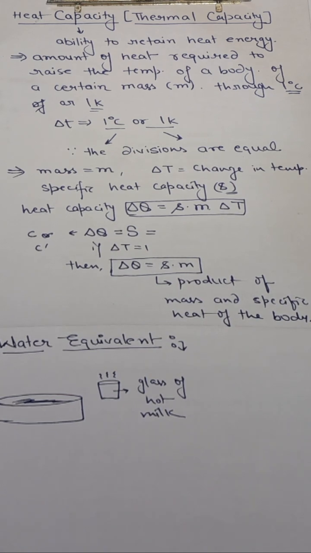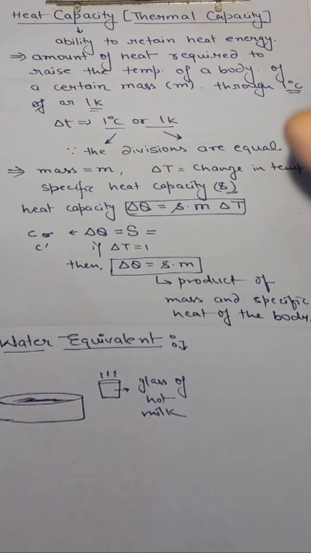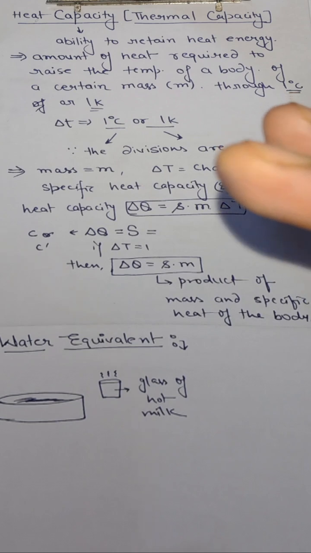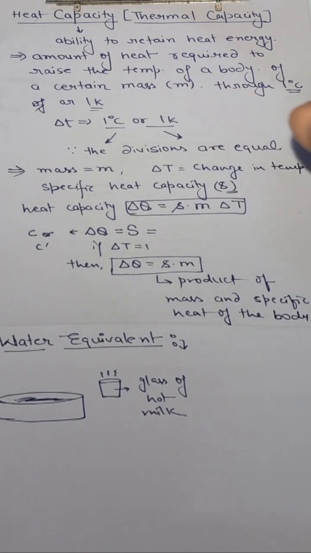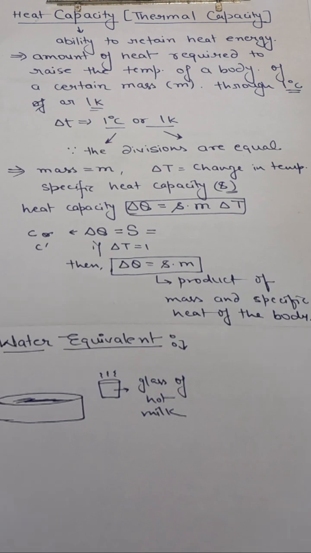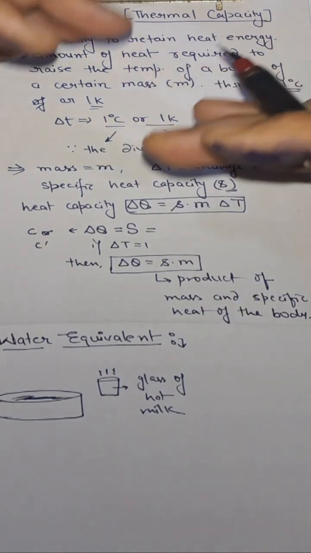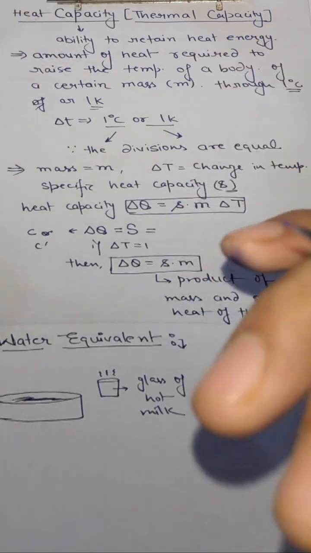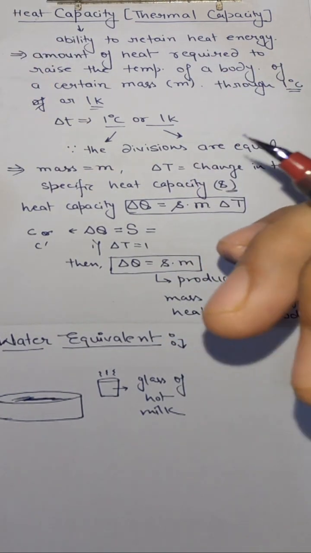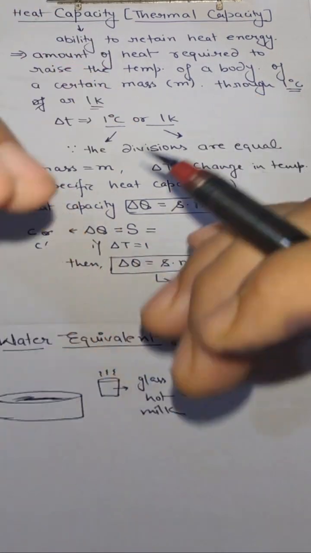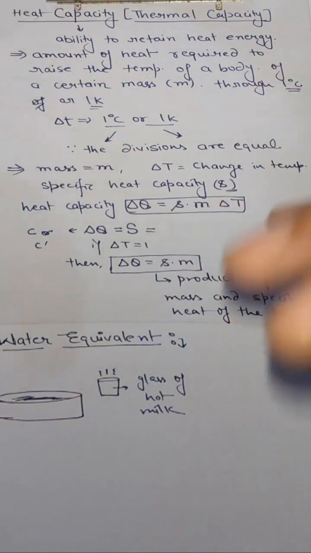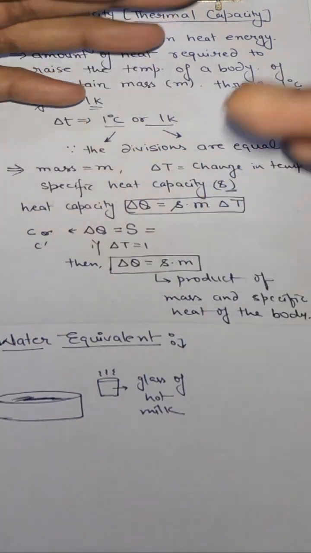So why do we do this? This is because of a specific tendency of water. What is the tendency of water? That it absorbs heat, meaning it has so much heat capacity in itself. So when subjected to hot objects, the water basically tries to capture the heat out of that body.